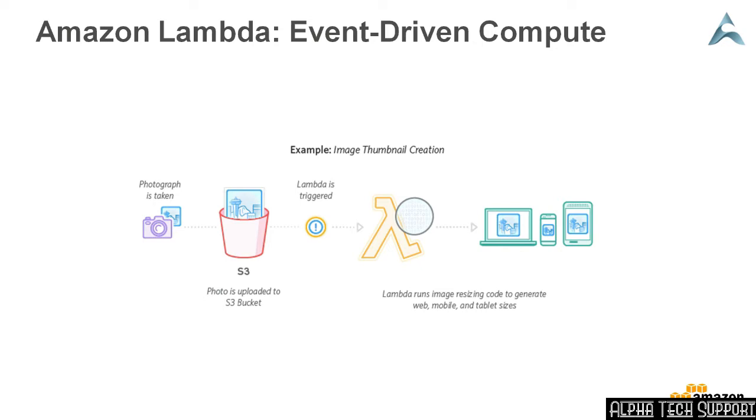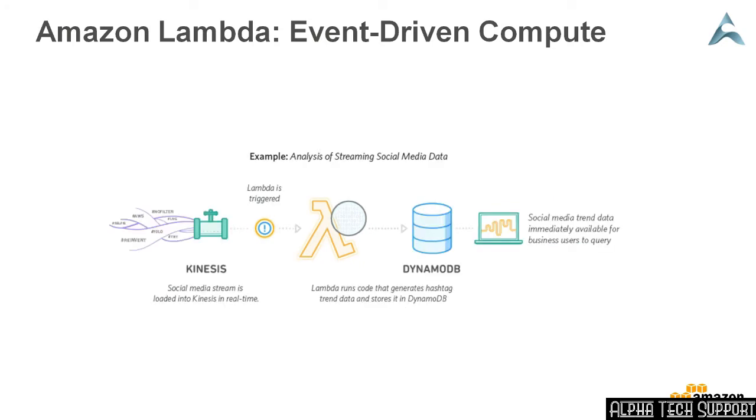One other example is analysis of streaming social media data. We can use Kinesis for big data analysis of social media data. Kinesis gets the social media streams loaded in real time. The social media content from Facebook, LinkedIn, Twitter, and various other sites gets loaded.